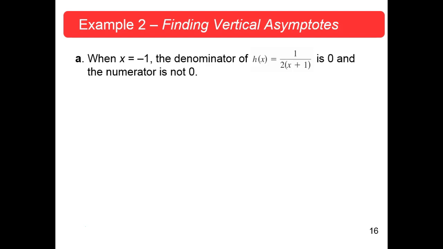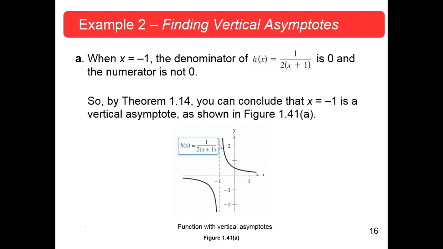So these are what they call your infinite limits. I want to say no limit there. So by theorem 1.14, you can conclude there is a vertical asymptote at x equals -1, going to negative infinity when you approach -1 from the left, positive infinity as you approach from the right.